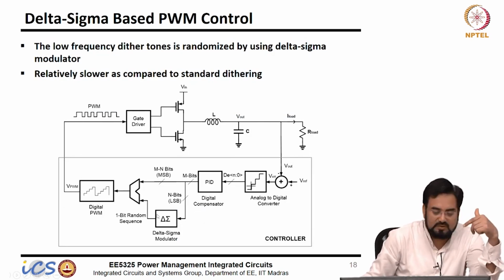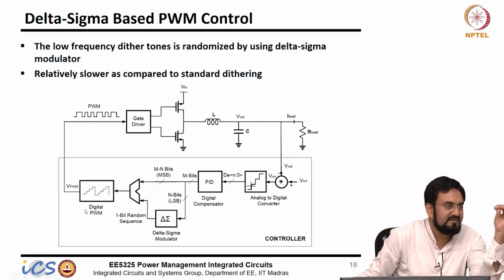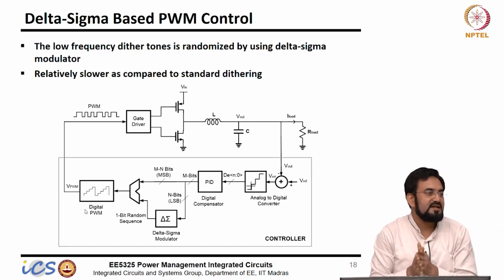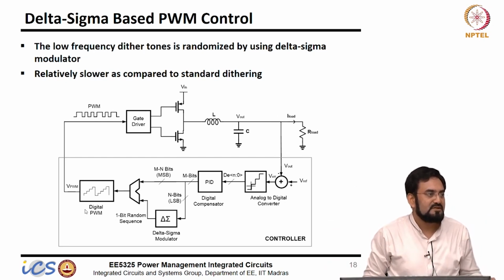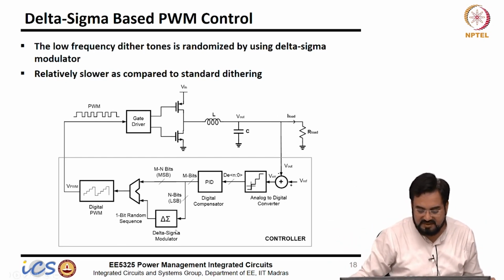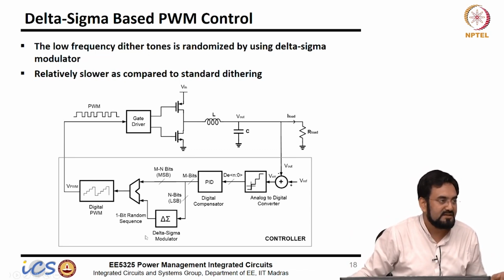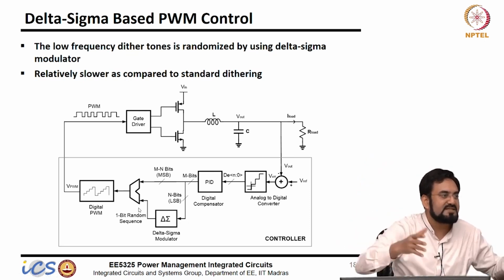So what does delta sigma do? It will automatically generate a code which will dither between this, and 3 bits means you have 8 levels. Okay. So from 8 levels you have to generate, let's say, 1000 different values. So what that delta sigma will do, from that 7 bit, is choose which one to use and how many cycles of that.